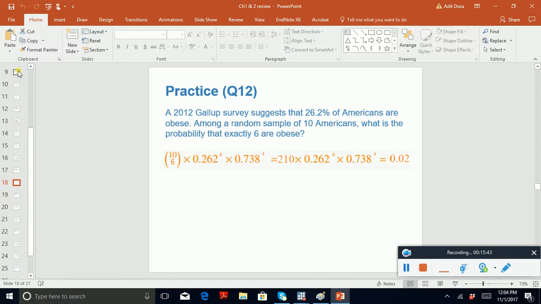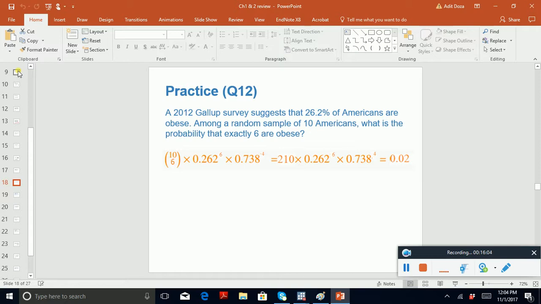I did it in class, but still. So when you calculate that, you get 210 times this part.